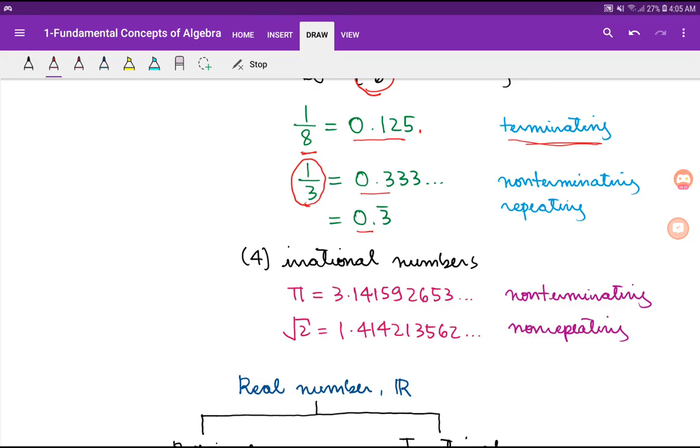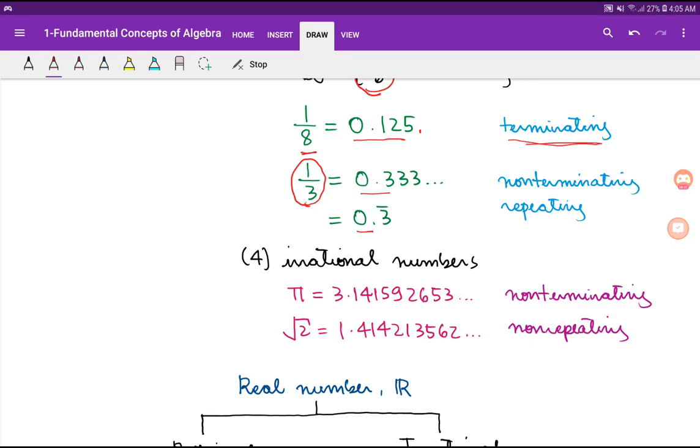Non-terminating means that the decimal representation goes on for infinitely many decimal places. It will not stop at a finite number of places. Non-repeating means there are no patterns indicating that a few digits repeat in the decimal places.